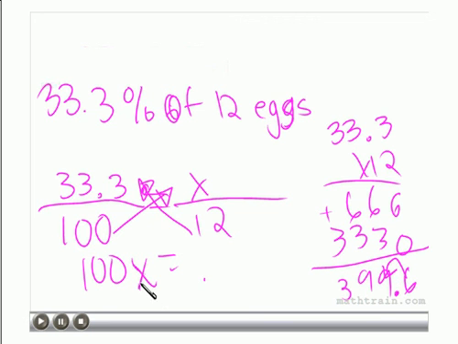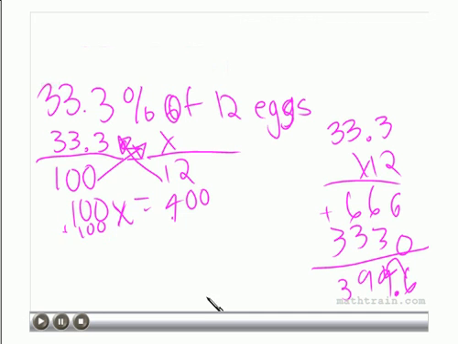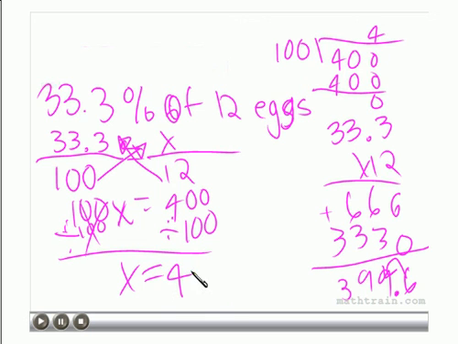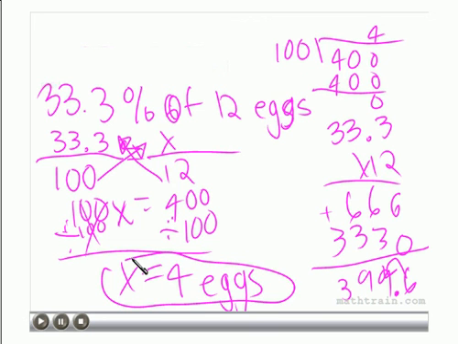So 100x equals 400. We're going to divide both sides by 100. And so that's x equals, and we're going to divide this also by 100. And it goes 4 times. So the answer is 4 eggs. That's how you do it with a proportion.